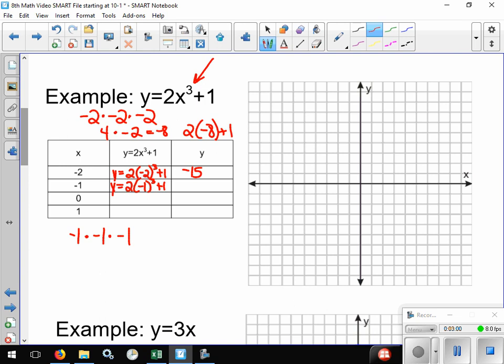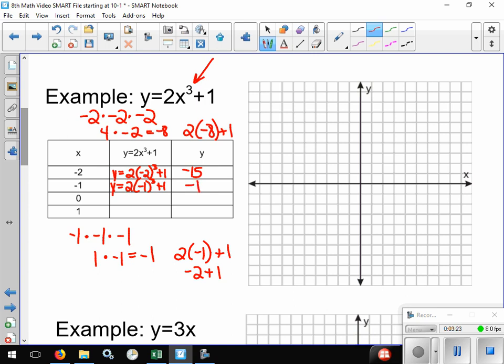Negative 1 times negative 1 is positive 1, times negative 1 gives me negative 1. But then remember, we're multiplying it, so we have 2 times negative 1 plus 1. So 2 times negative 1 is negative 2, plus 1 gives us negative 1.